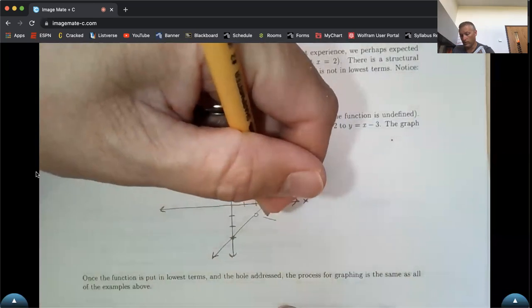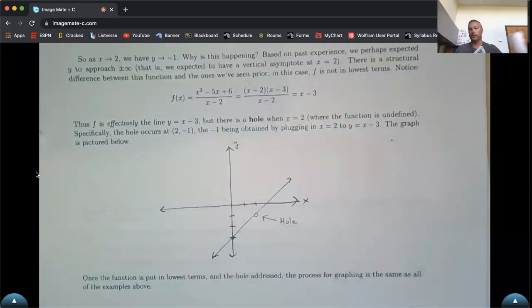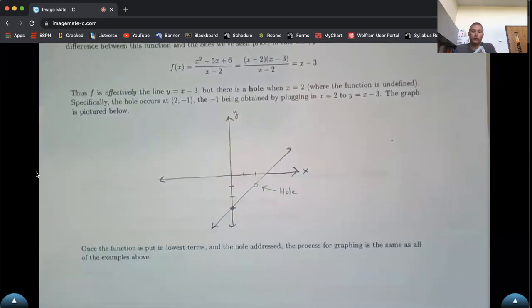So we have a hole at that point where the denominator was 0 before cancellation. Now, once the function is put in lowest terms and the hole is addressed, the process for graphing is the same as all the examples we've done so far.